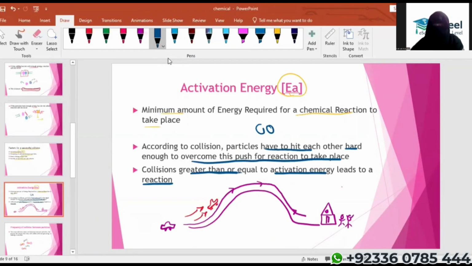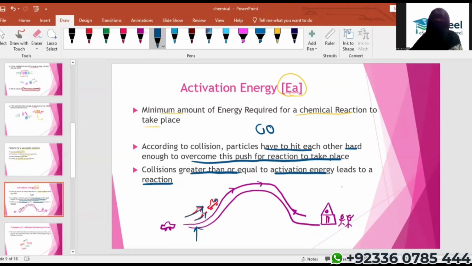Here is just an example illustrating activation energy. Let's say there is a very large hill that you need to pass using your car to go over to your home. Now, when this car moves up the hill, you need a force, and that force comes from the engine, right? You need to go against gravity. So, this force to overcome the push is known as the activation energy.